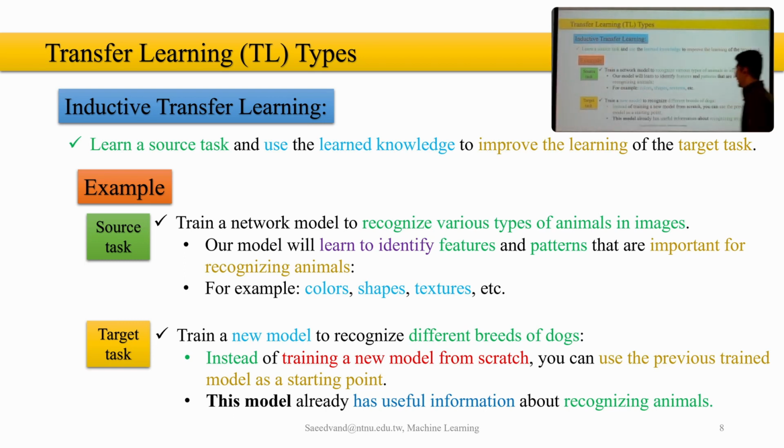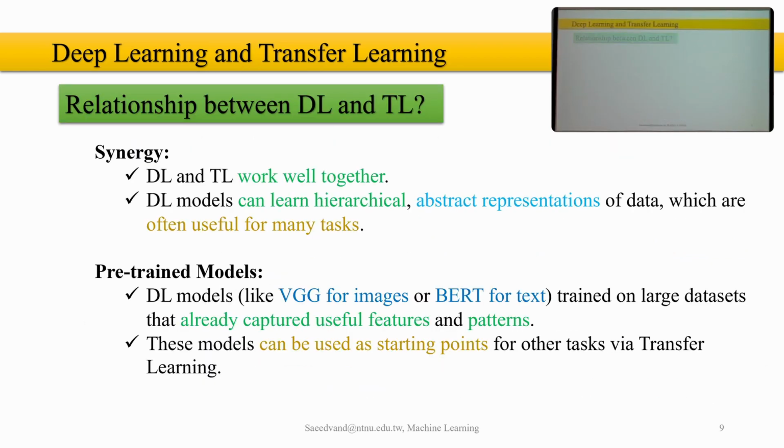So we say here, okay, this model already has useful information that we can use in our model. Now, if you want to open up the relationship between deep learning and transfer learning, there are some predefined and well-known concepts.